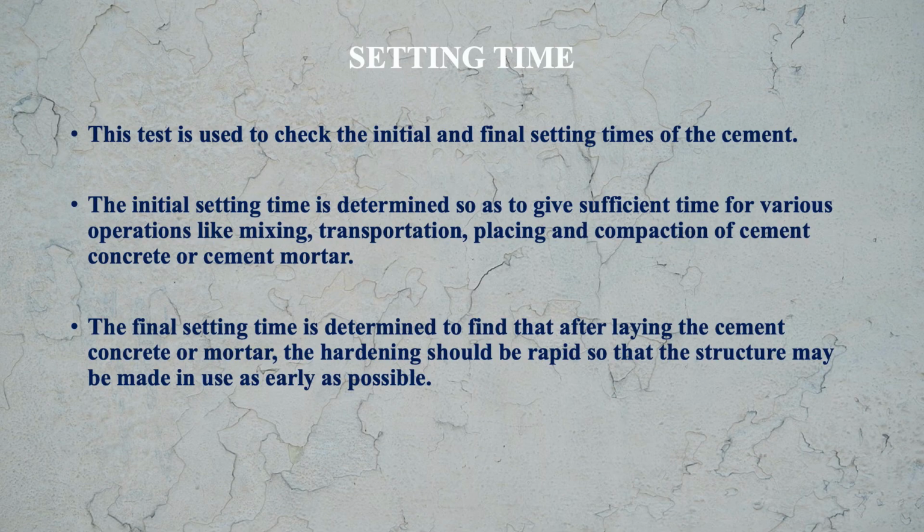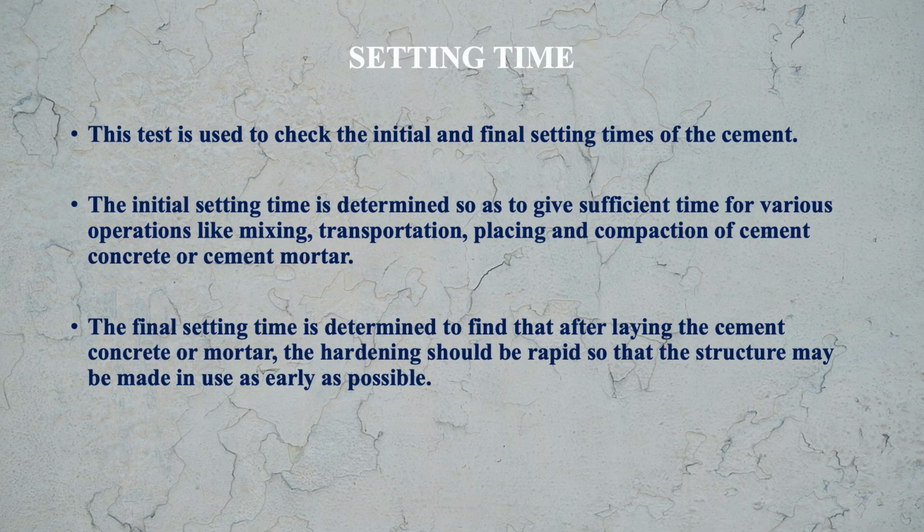The final setting time is determined to find that after laying the cement concrete or mortar, the hardening should be rapid so that the structure may be made in use as early as possible. So these are the importance of measuring the initial setting time and the final setting time.